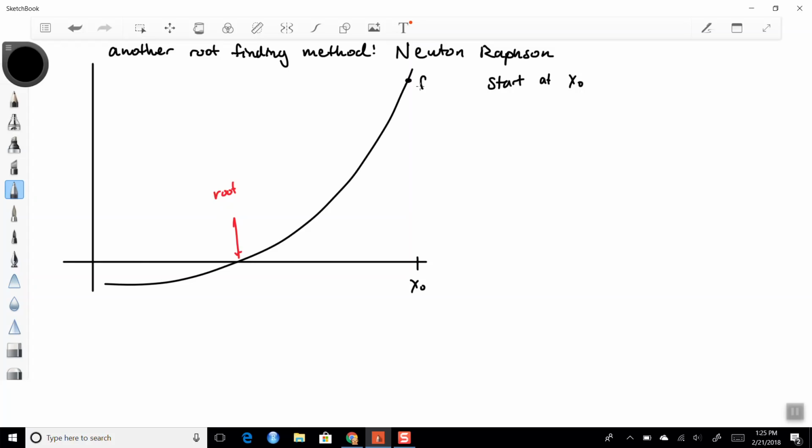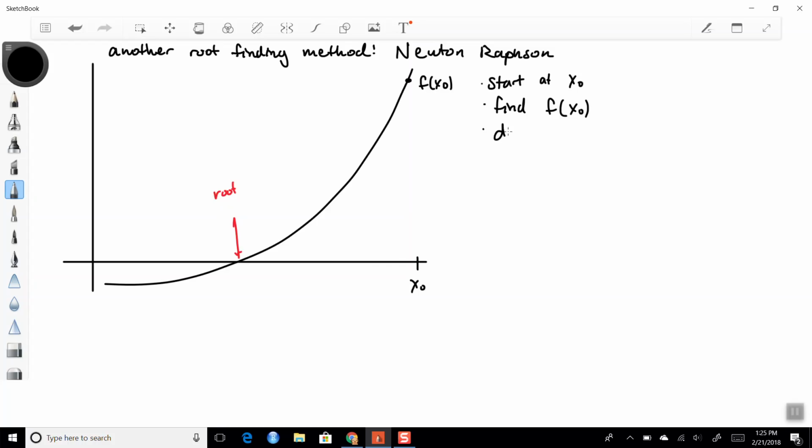This is going to be f at x0, so you find f at x0, and then you draw a tangent line that goes down to the x-axis.